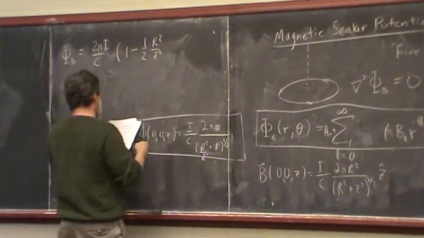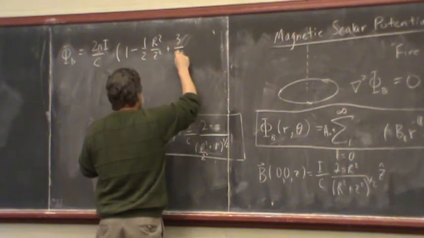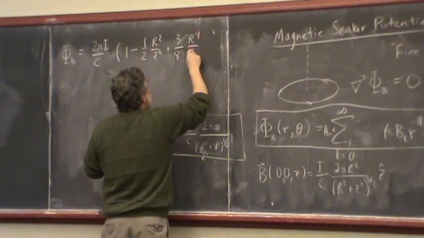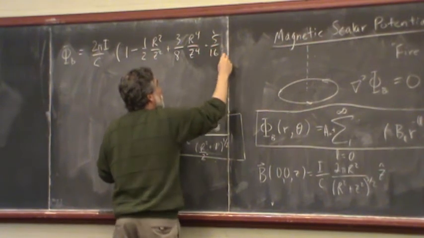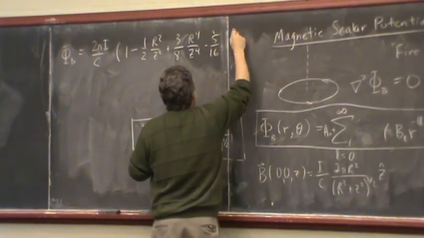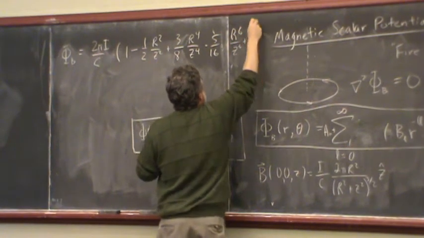That's first order term. Plus 3/8 r to the 4th over z to the 4th, minus 5/16 R6 over Z6. More terms.